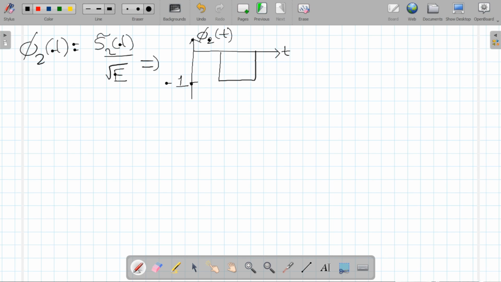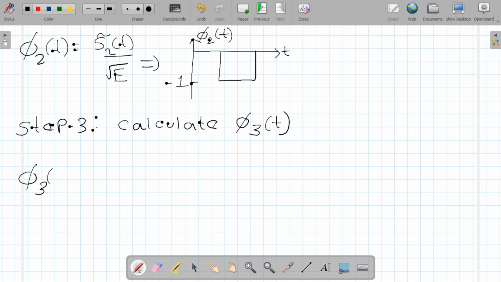Now our third aim is step 3. What is our step 3? Finally, calculate phi 3 of t. This is what we need to get. In order to calculate the value of phi 3 of t, we will get S3 tilde of t by root E, where the energy stands for S3 tilde of t.